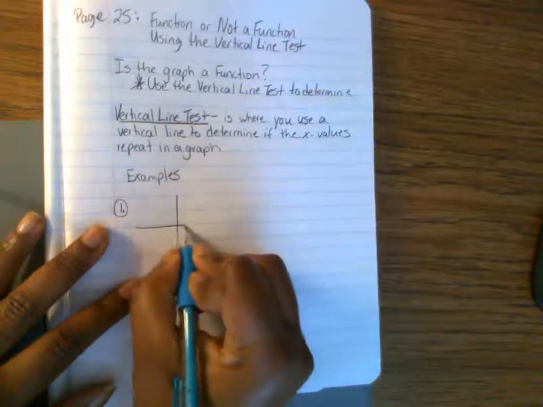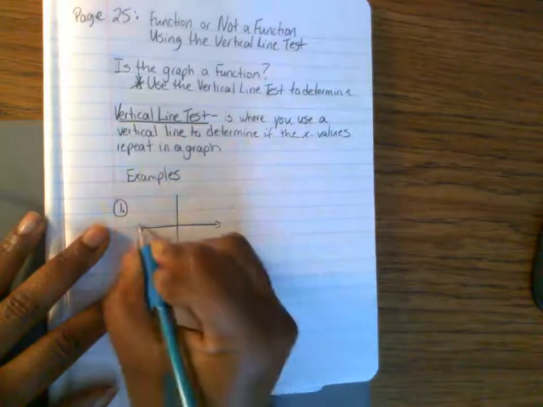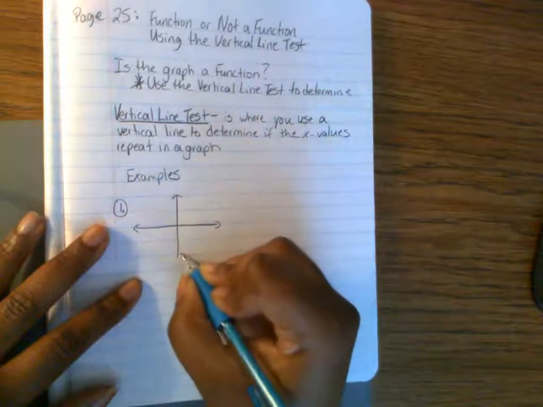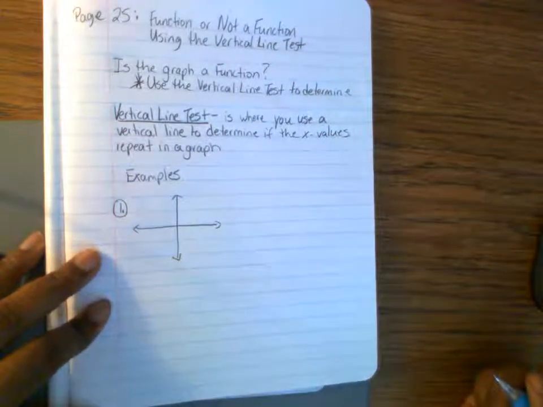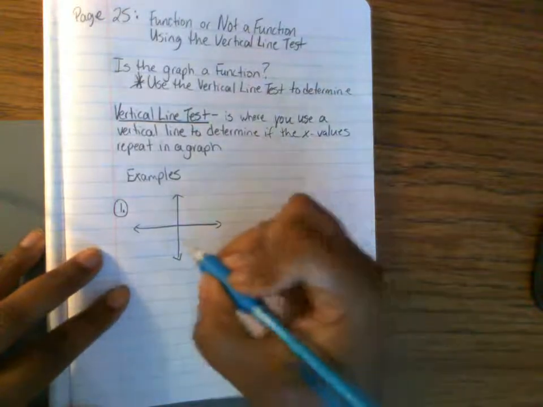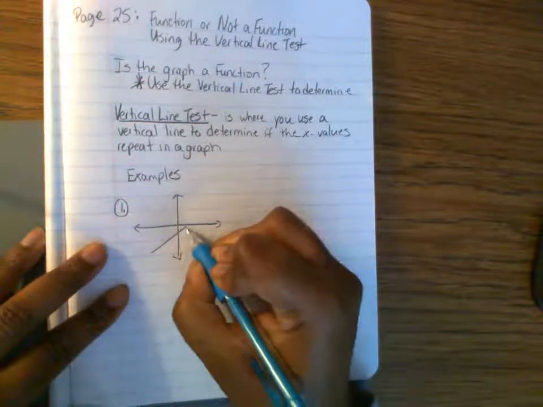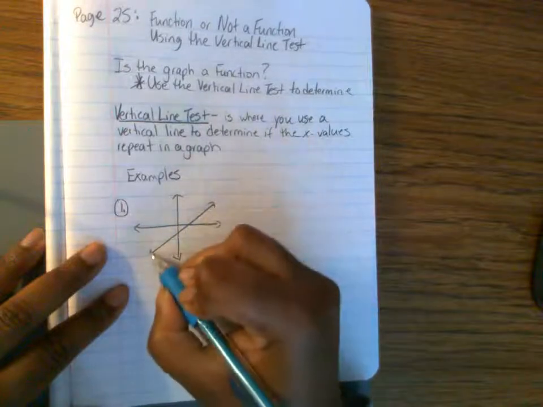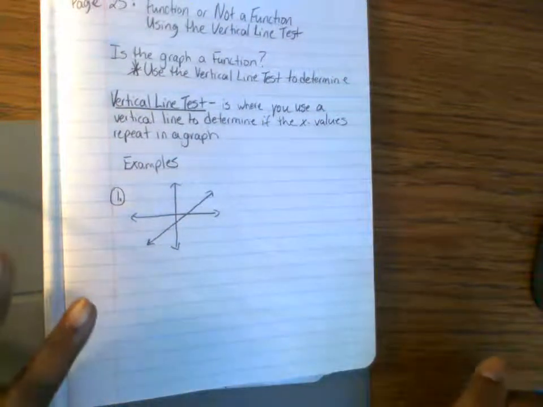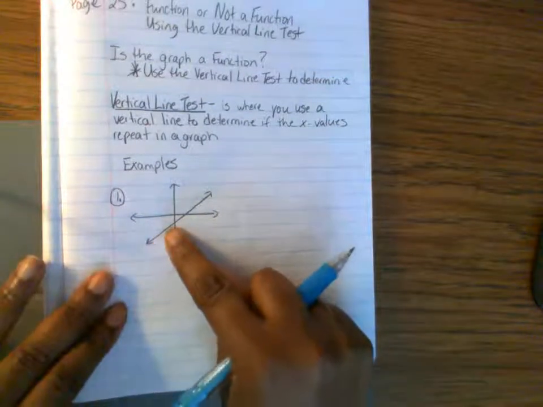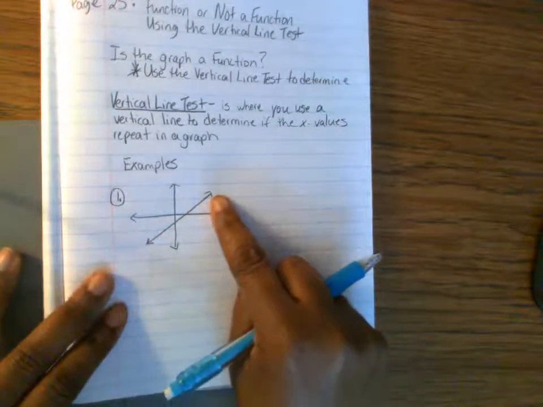So we're going to draw a coordinate plane and draw a straight line going in this direction. Now I want to know if any of the x values on this line repeat.